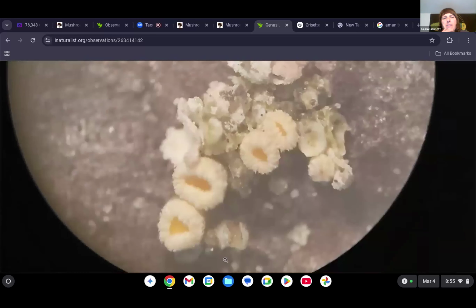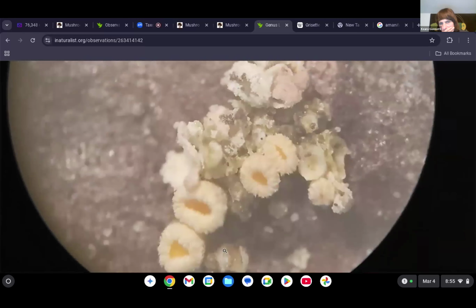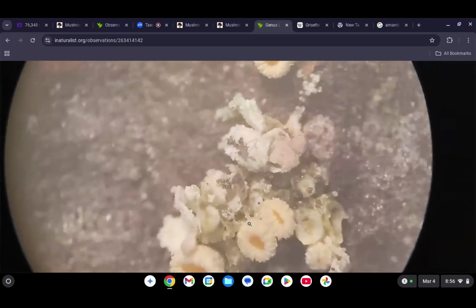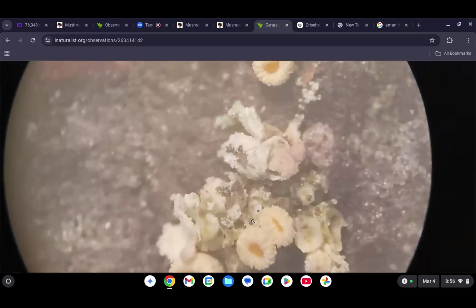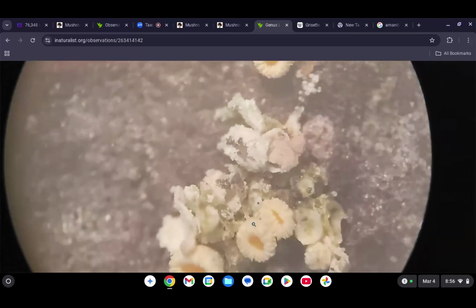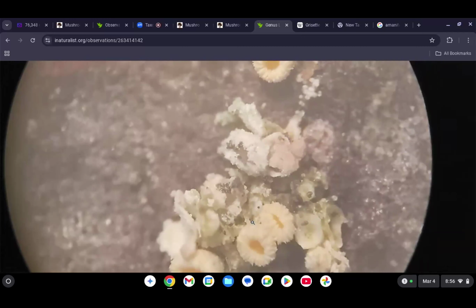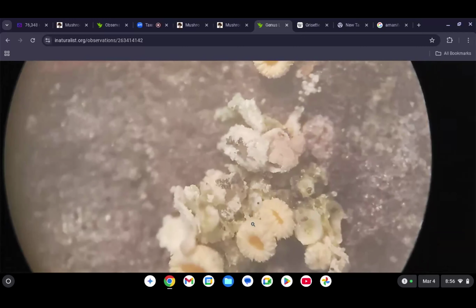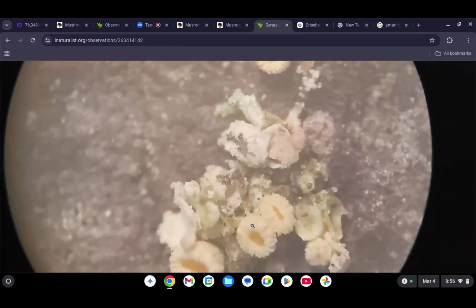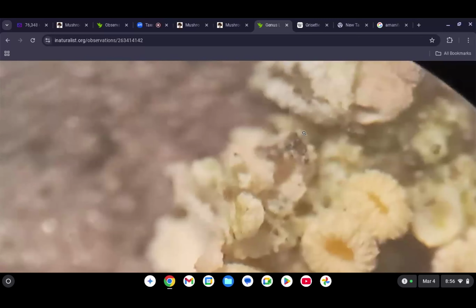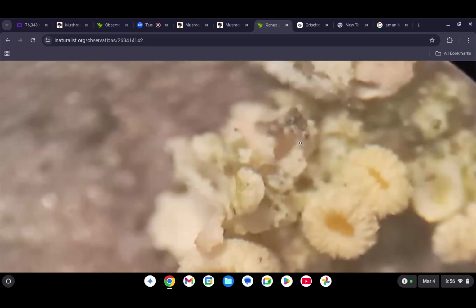What was the substrate that you found these on? So this was on pine, specifically pitch pine, and the species that I actually think it is is Lachnellula resinae, maybe. That's supposed to grow on pine sap or pine resins. Wow, cool. Are those some old little deflated ones there?